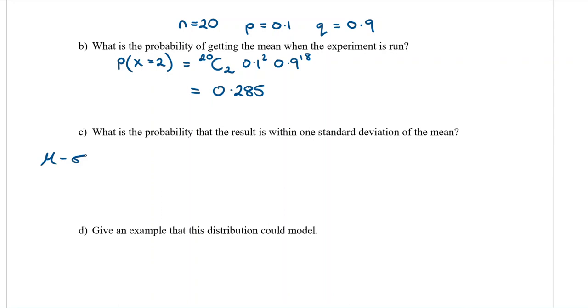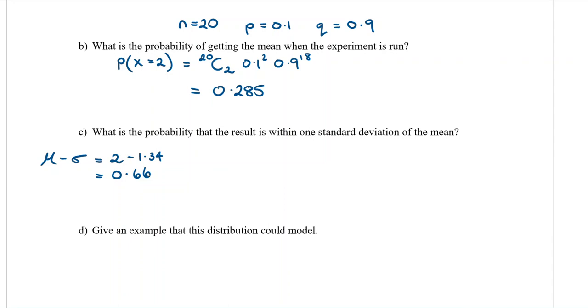So for 1 standard deviation lower, our mean was 2 and our standard deviation was 1.34. I'm just going to stop there. 2 decimal places is probably enough. And that equals 0.66.